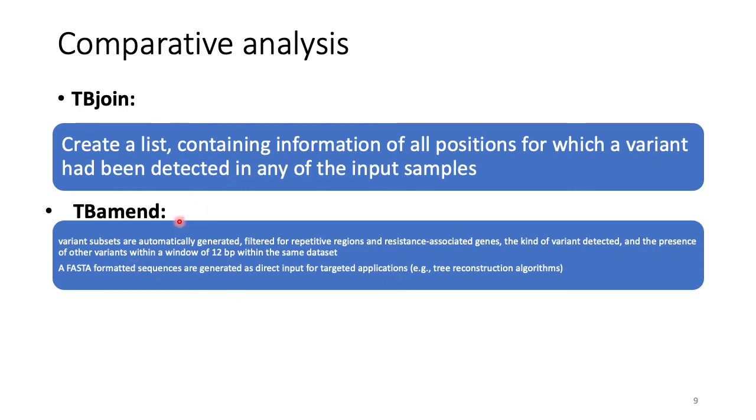So after this filtration, it will generate for you FASTA files that include all the SNPs that you have in your dataset.